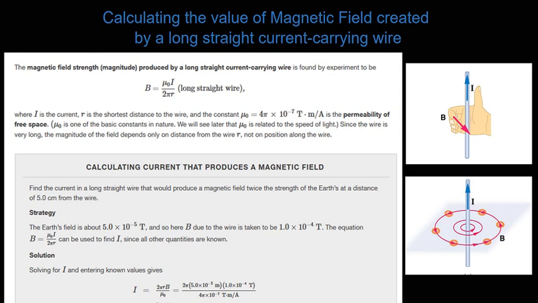Now, in this example, we are calculating the value of the magnetic field created by a long, straight, current-carrying wire.